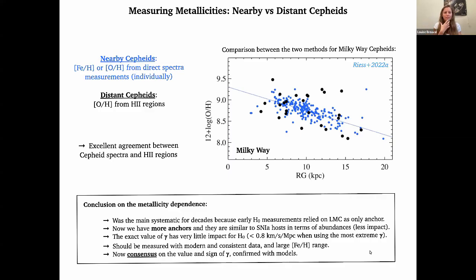And we highlight that the gamma term should be measured with modern and consistent data as much as possible, and if possible, a large metallicity range. We can say now there's a good consensus on the value and the sign of gamma, and even if there are a few discrepant values, we are able to trace where they come from, and it's generally the treatment of parallaxes or the treatment of the SMC. And it's also confirmed with models.